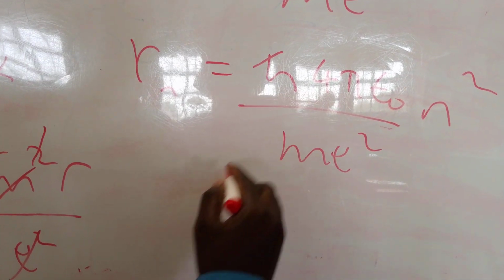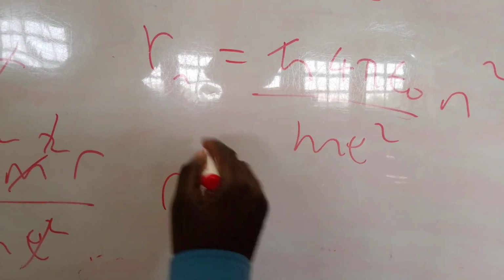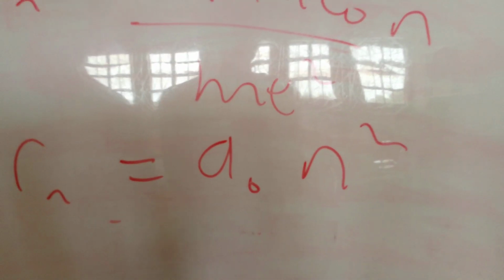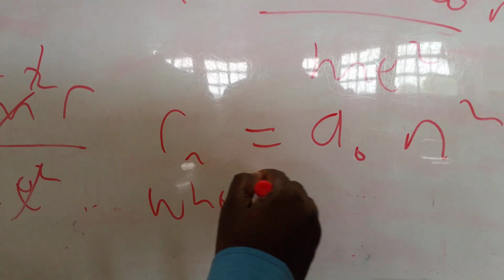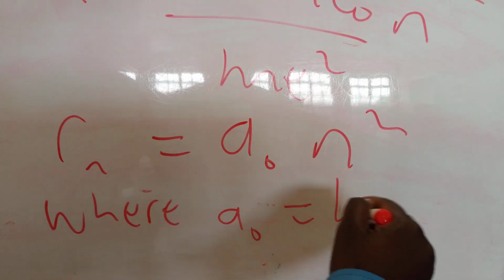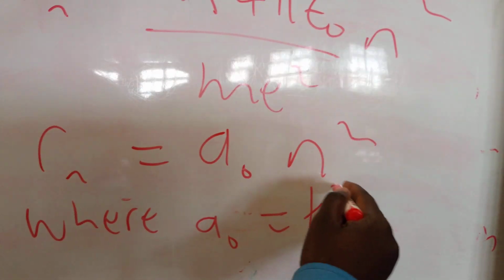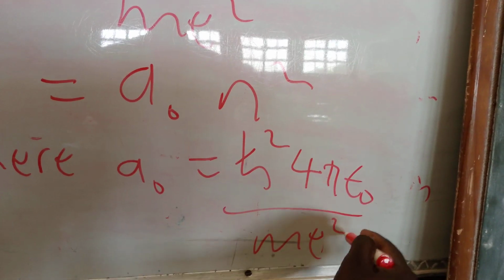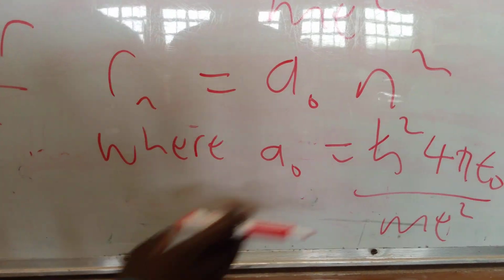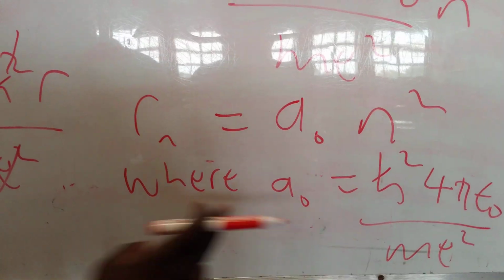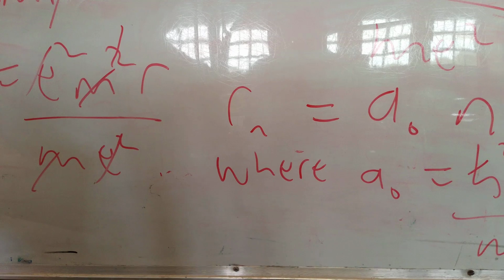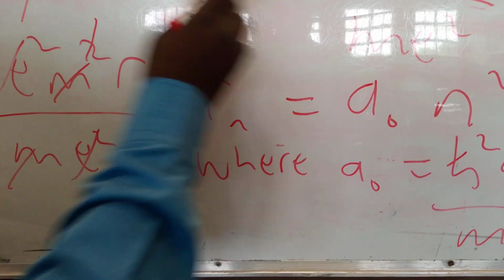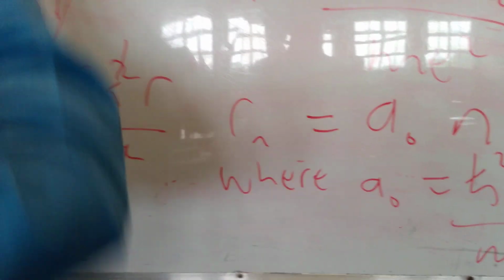So Rn reduces to a naught n squared, where a naught is equal to h bar squared 4 pi epsilon naught over m e squared. This is called the Bohr radius. So the electron does not orbit at any radius. It orbits at what are known as allowed radii, according to Bohr.